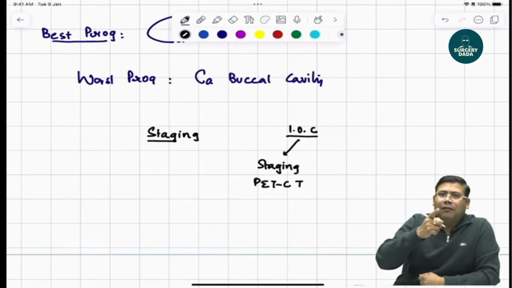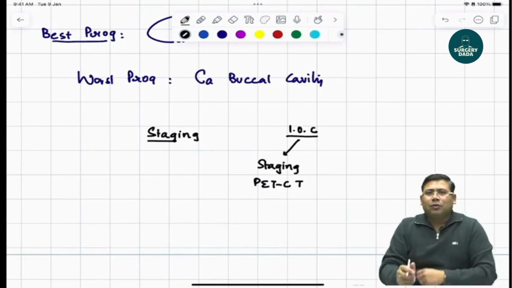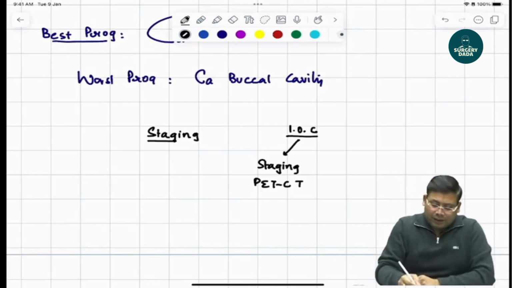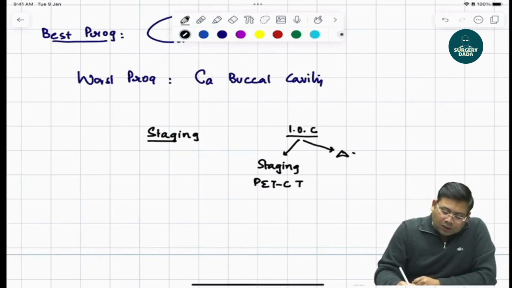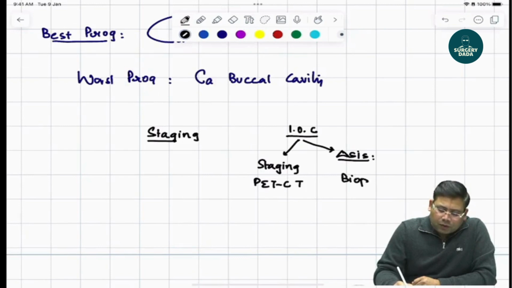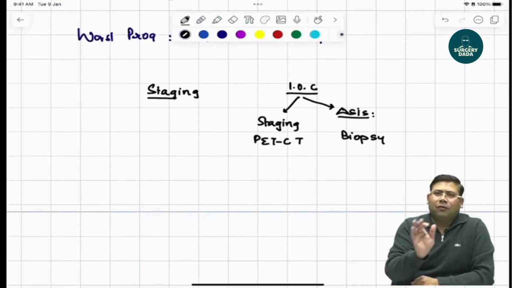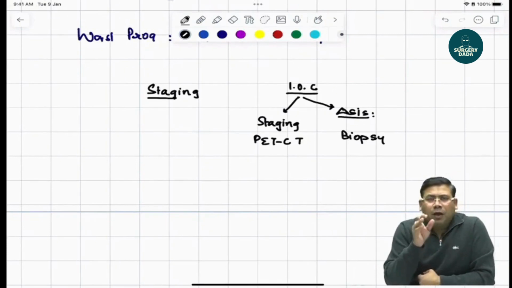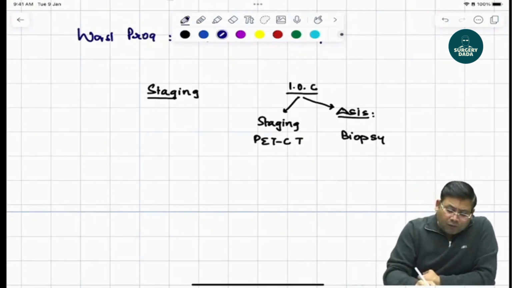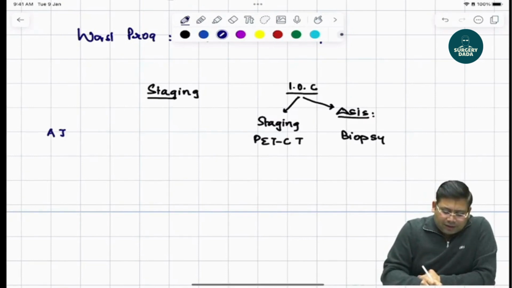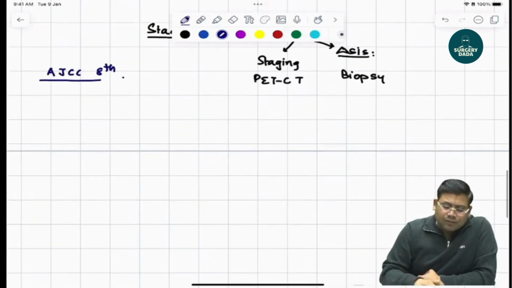Remember both the cavities and both the extremes of the GIT: oral cavity and anal cavity, PET-CT. For diagnosis or histological confirmation, the answer is biopsy. You can go for the classical true cut, incision, excision, punch biopsy, or wedge biopsy. When we talk about staging, we have the AJCC 8th version of staging for oral cancers. And what is that?